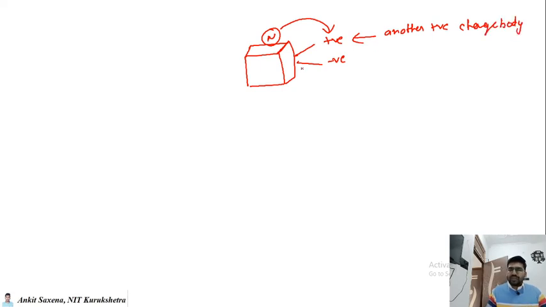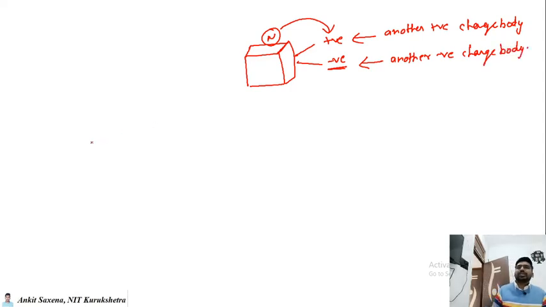And if we want to make this neutral body a negative charge body, we have to make the contact of this body with another negative charge body. So in conduction there is a physical contact between the two bodies.